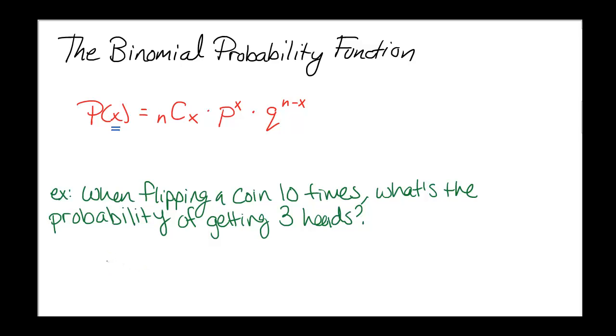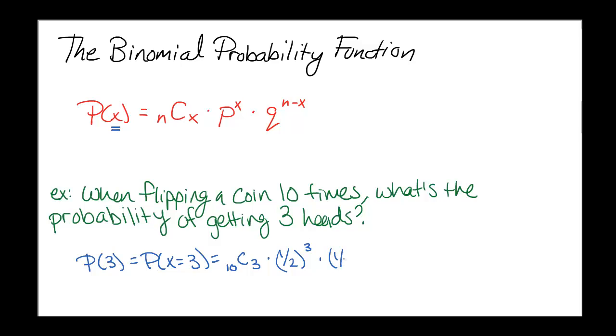If we're flipping a coin 10 times and we wanted to know the probability of getting 3 heads, we could write this as x equals 3, and we can use this formula to compute it. Our n here is 10, so 10 choose 3 if we want to get 3 heads or 3 successes. Our probability of success was 1/2 raised to the third.